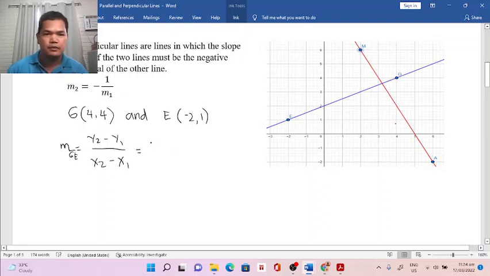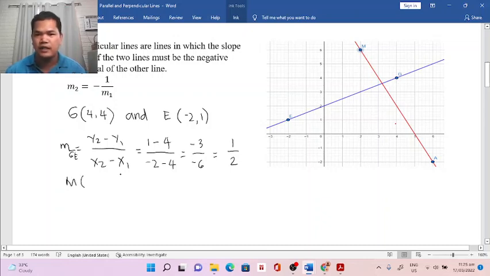Is equal to 1 minus 4 over -2 minus 4, which is equal to -3 over -6, and that is 1/2.